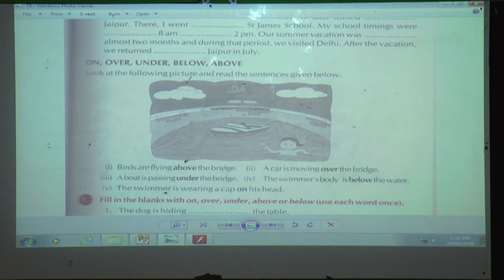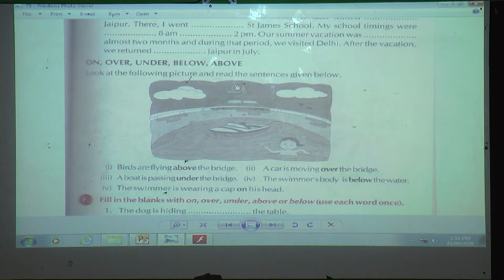And then the swimmer is wearing, what he is wearing? Yes, cap. Where it is? On his head. So what are the prepositions used over here? Above, over, under, below and on. Again I will repeat.